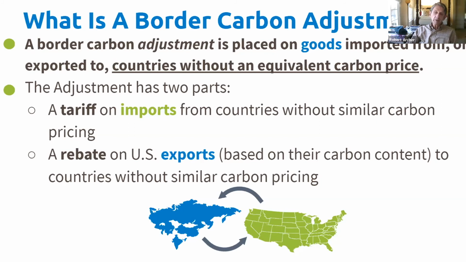To even the playing field, the EU is planning a European carbon tariff on US industries' exports to Europe, making US goods more expensive in Europe. And they will rebate to the EU industry their exports to the US, making European goods cheaper in the US.